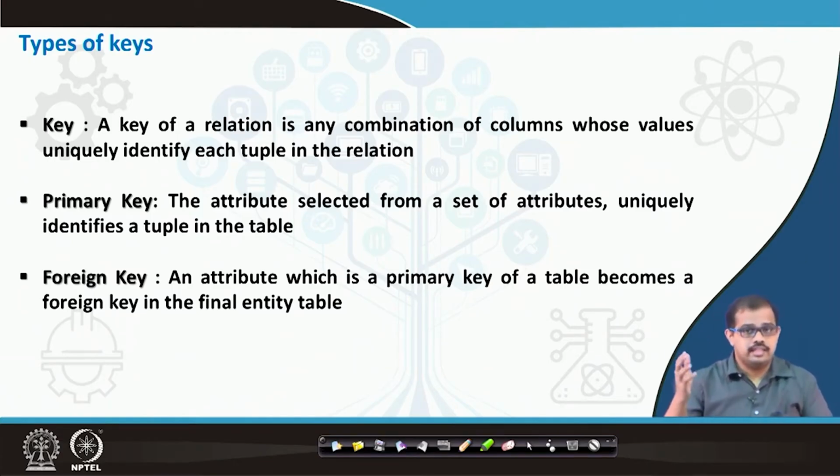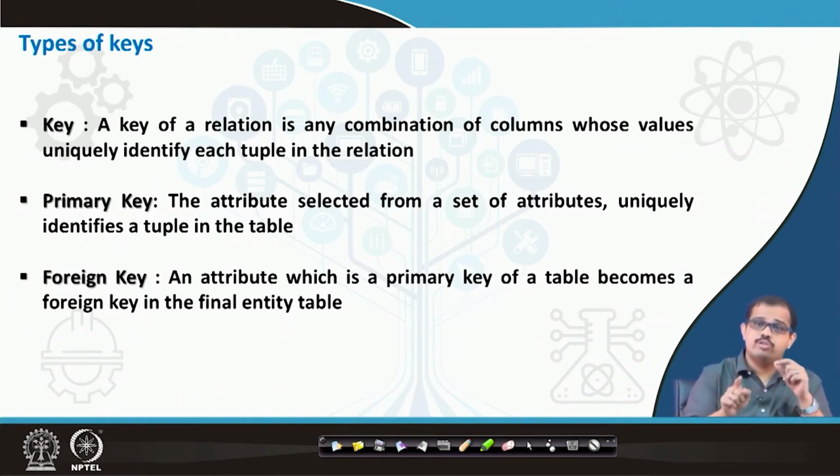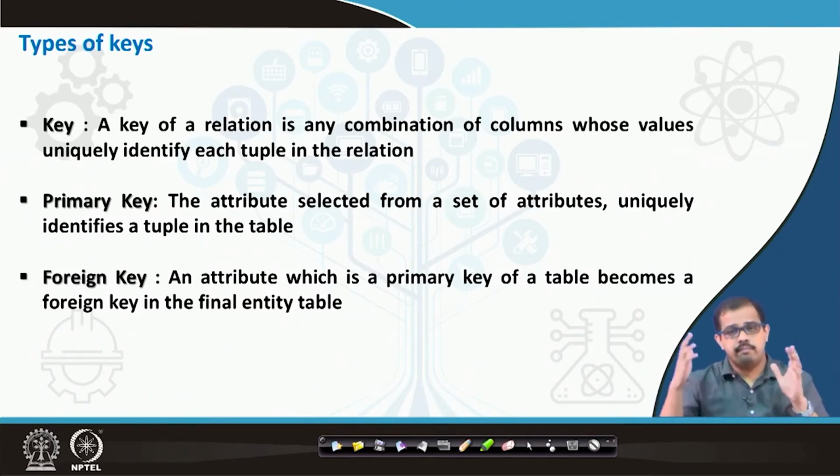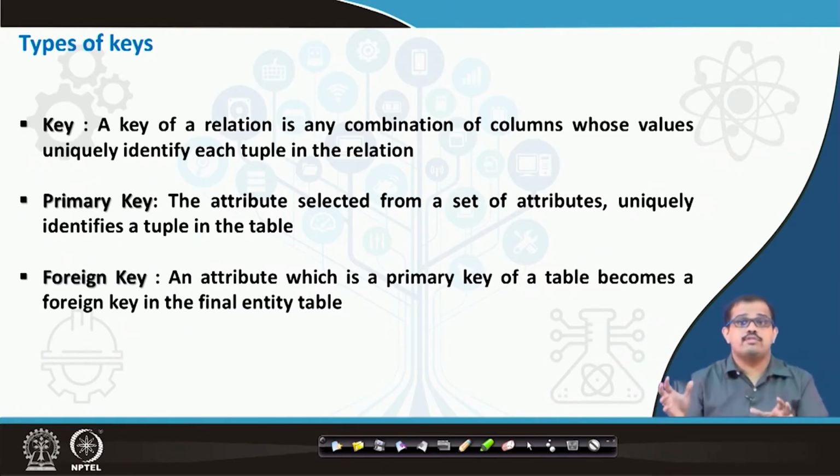So a key is any combination of columns whose values are uniquely identified. These uniquely identified values are in the form of rows, called tuples, and these tuples form a primary key. When a primary key connects different tables, it becomes a foreign key for certain tables.